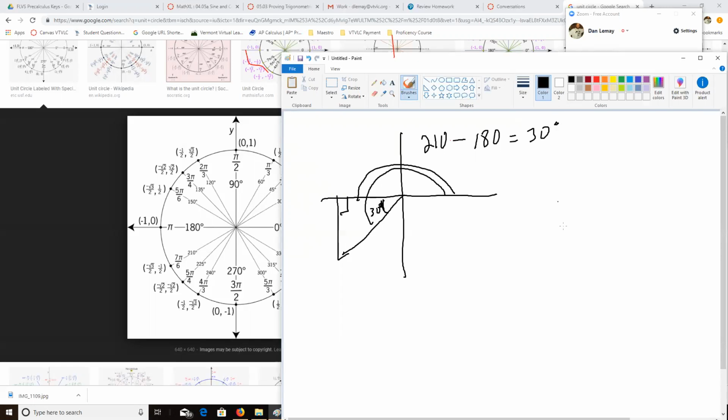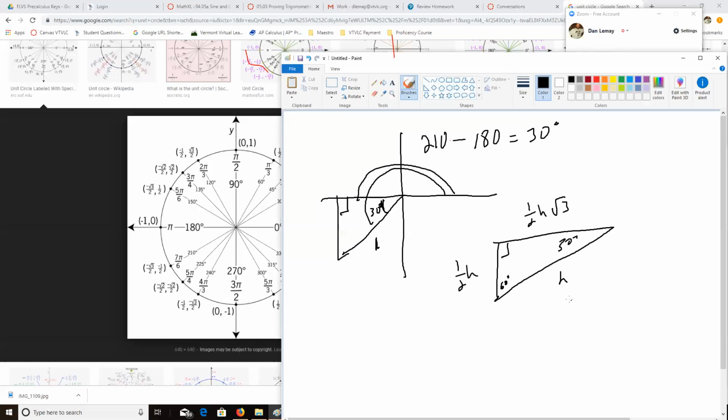And then you've got to think back to that work you did in geometry, probably, or Integrated 2, if you did that route. You've got to remember, if I have a 30-60 right triangle, this is the hypotenuse, this side is half the hypotenuse, and this side, opposite the 60-degree angle, is 1/2 the hypotenuse times the square root of 3.